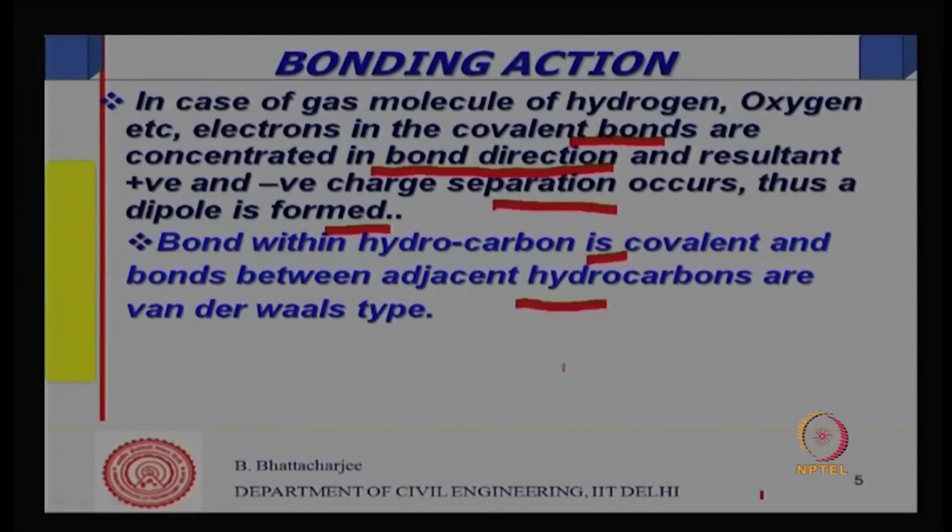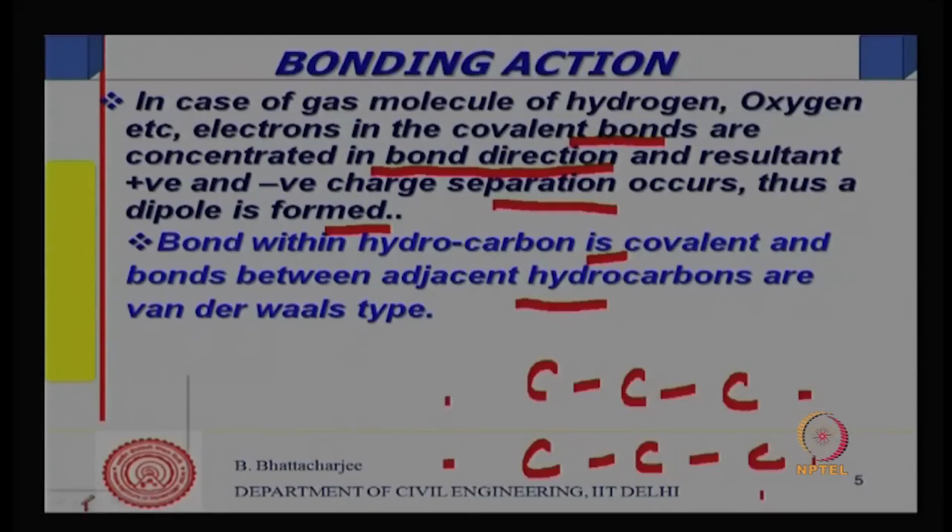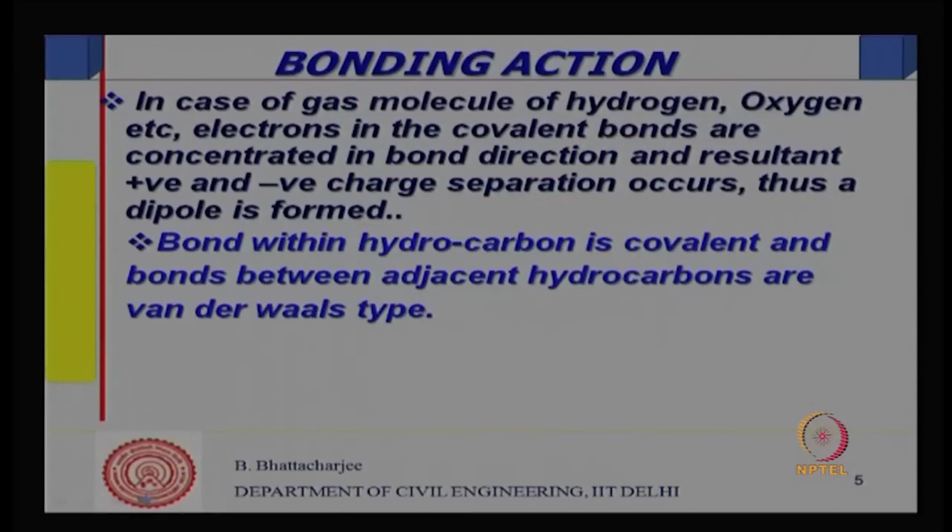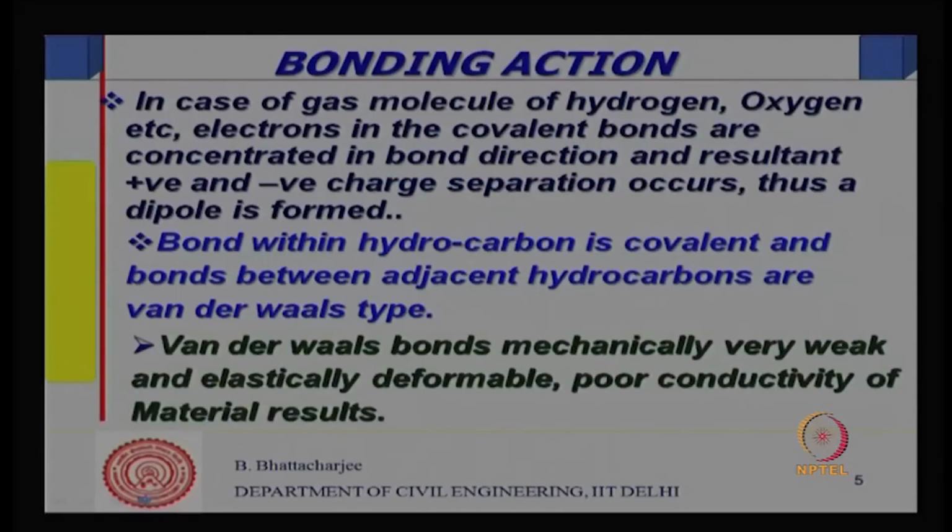For example, if you have carbon chains, these are all covalent bonds, but if I have 2 such chains, in polymer fibers for example, then the bond between these two would be intermolecular type, like the van der Waals bond. So, they are bonded by weak forces.